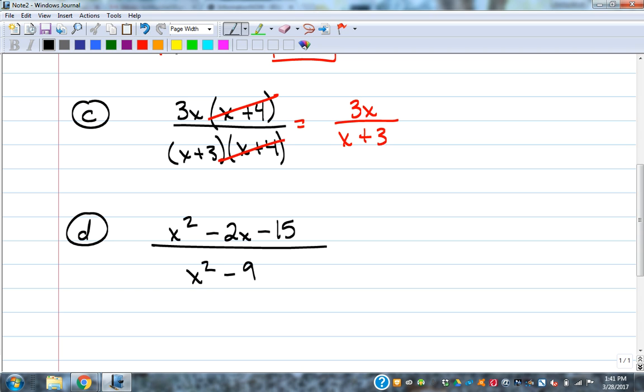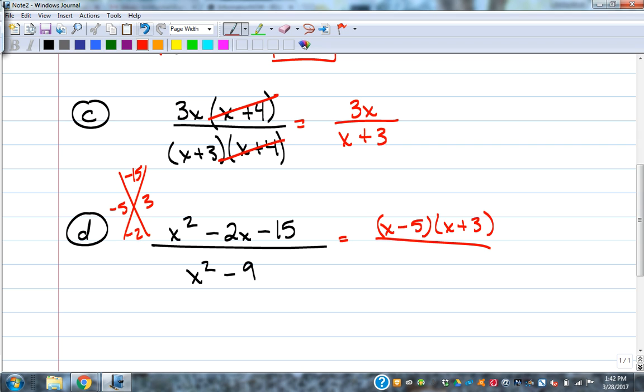Okay, so let's factor the numerator first. How does that factor? Using the x method, the numbers multiply to be negative 15 and add to be negative 2. What are my two factors for that? Negative 5 and 3, so that'd be x minus 5, x plus 3.